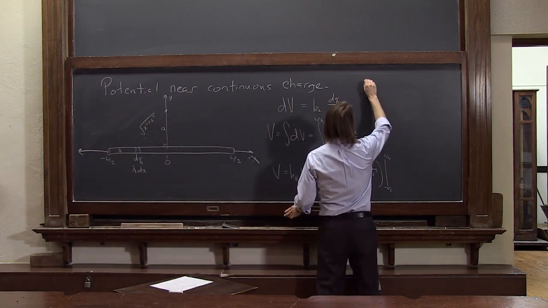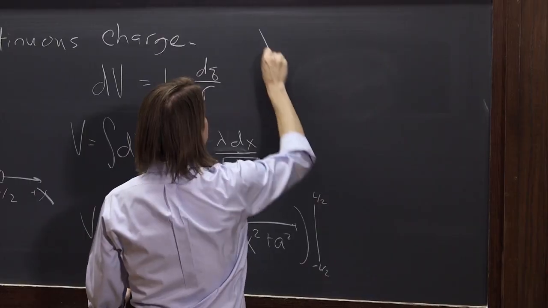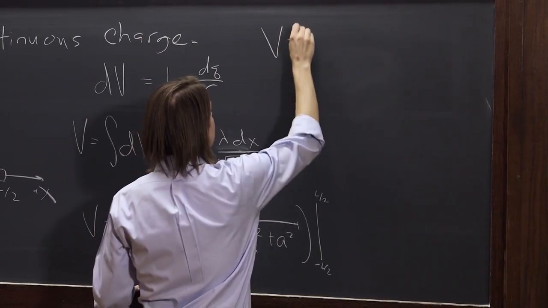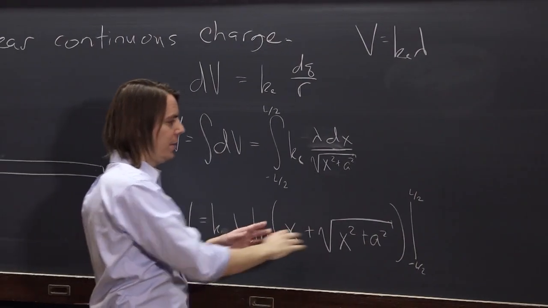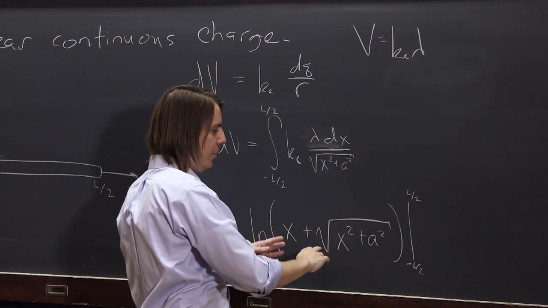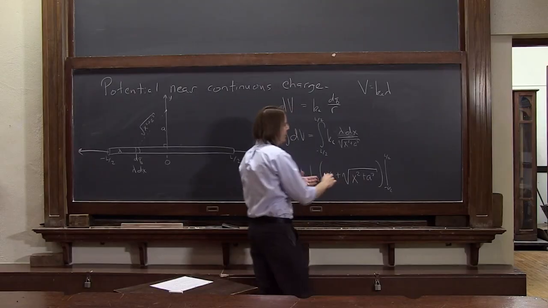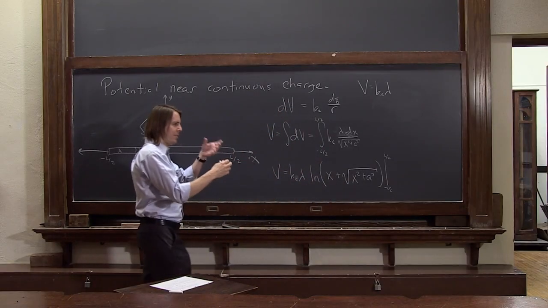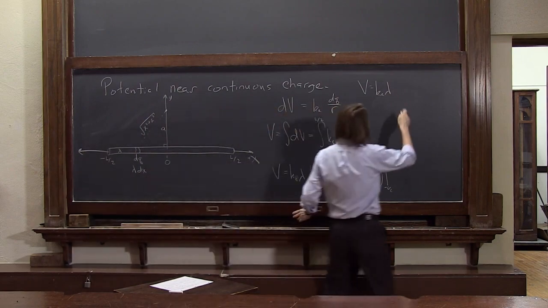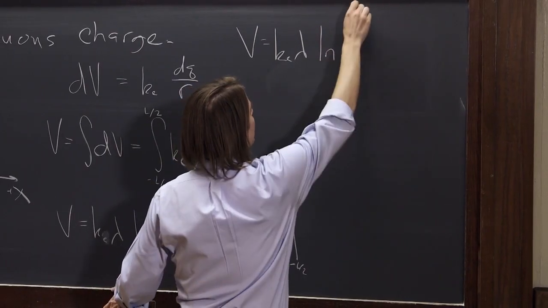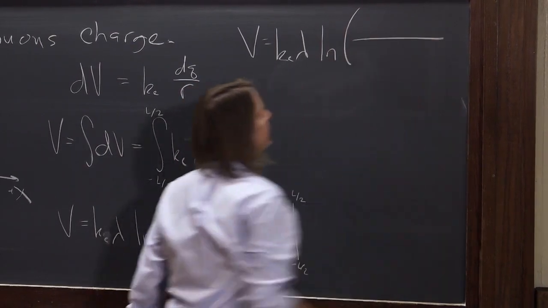We will get that the potential V is Ke lambda, and it's the ln of this with L over 2 minus the ln of this with minus L over 2. Anytime you have a log of A minus a log of B, it's the log of the ratio. That's also true for natural logarithms. So we can start writing it as the ratio right away.